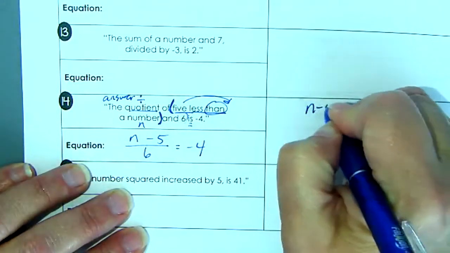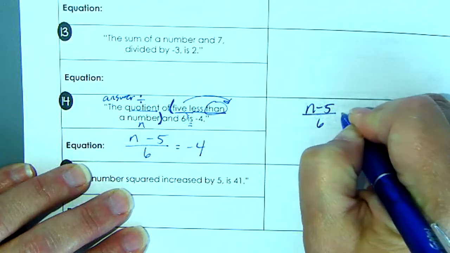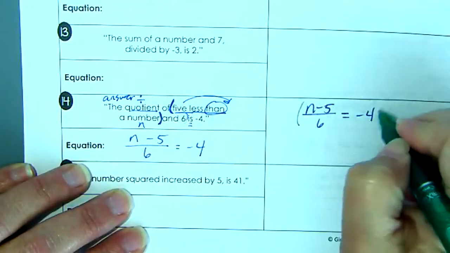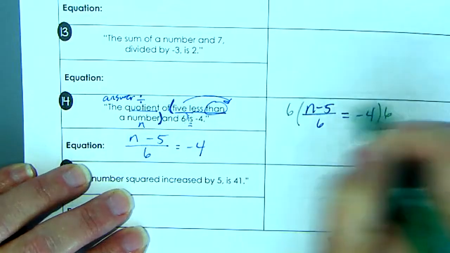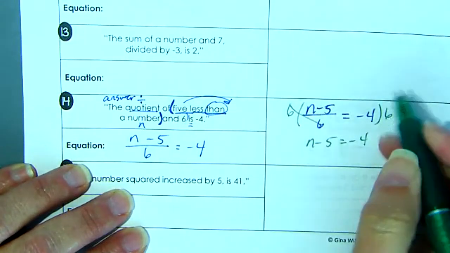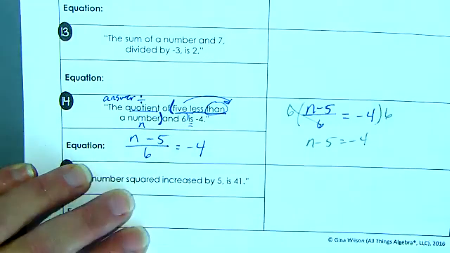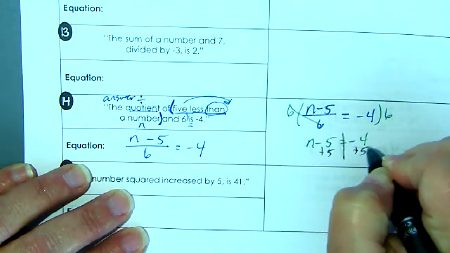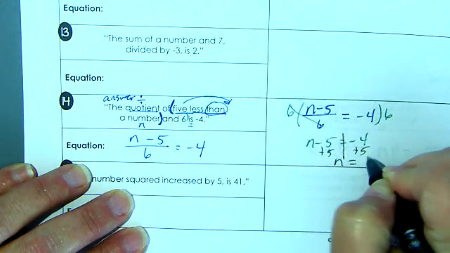Now we solve. In order to work this, I first have to multiply by 6 on both sides. Then we have n minus 5 equals -4. And now we add 5 to both sides, and I get n equals 1.